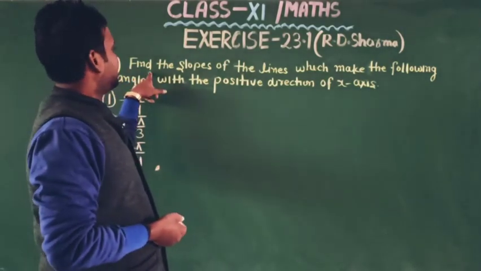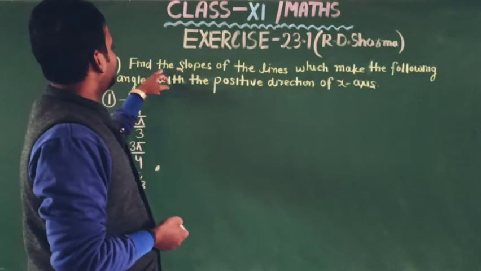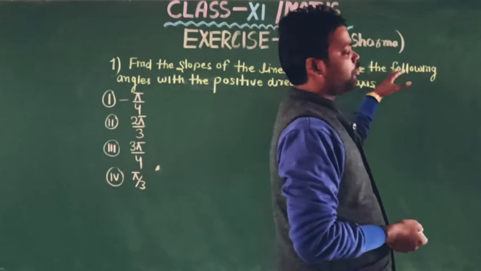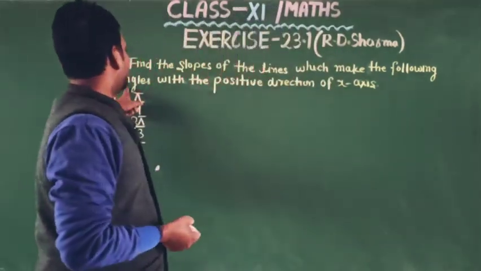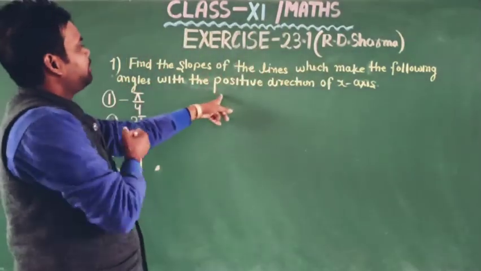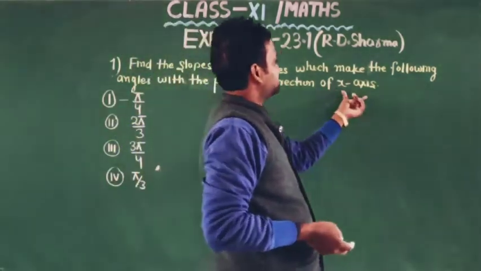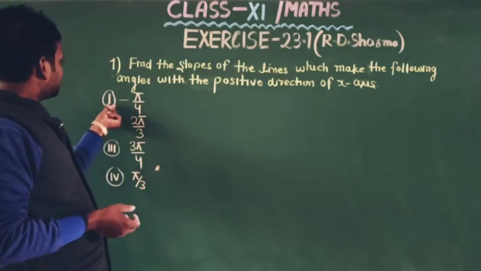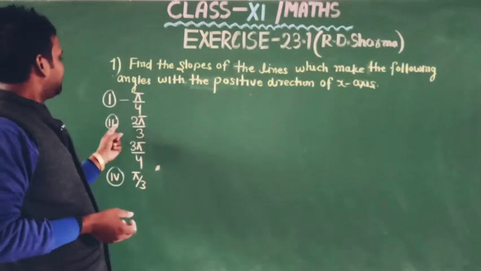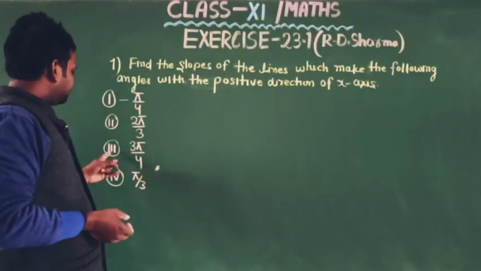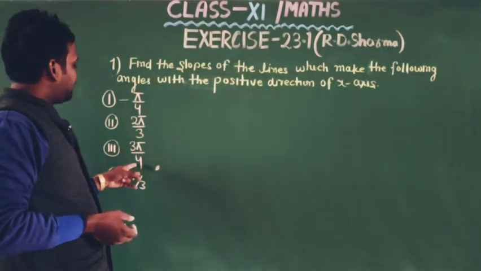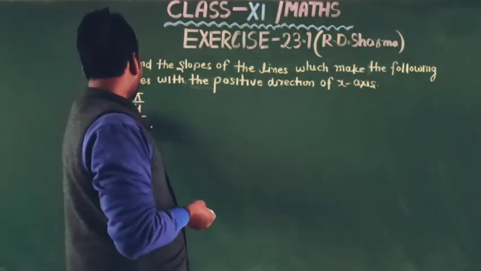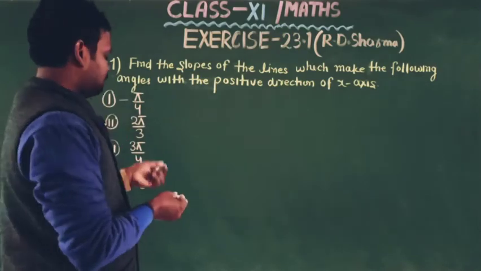It says: find the slopes of a line which makes the following angles with the positive direction of the x-axis. The angles given are: first, minus pi by 4; second, 2 pi by 3; third, 3 pi by 4; and fourth, pi by 3.